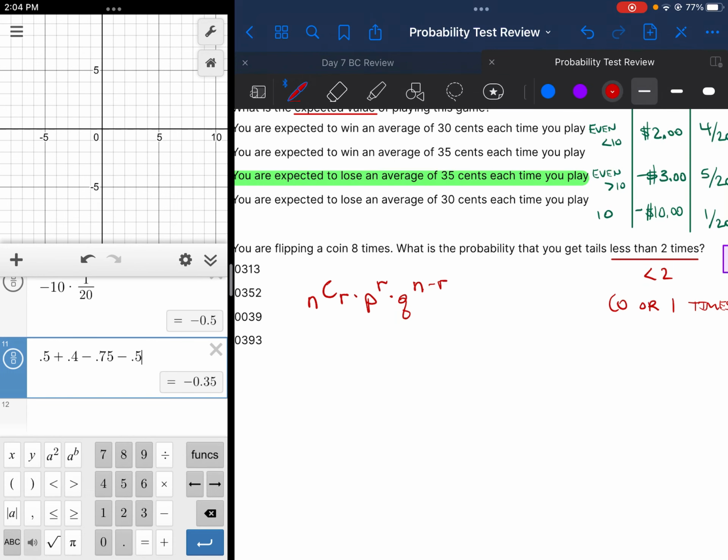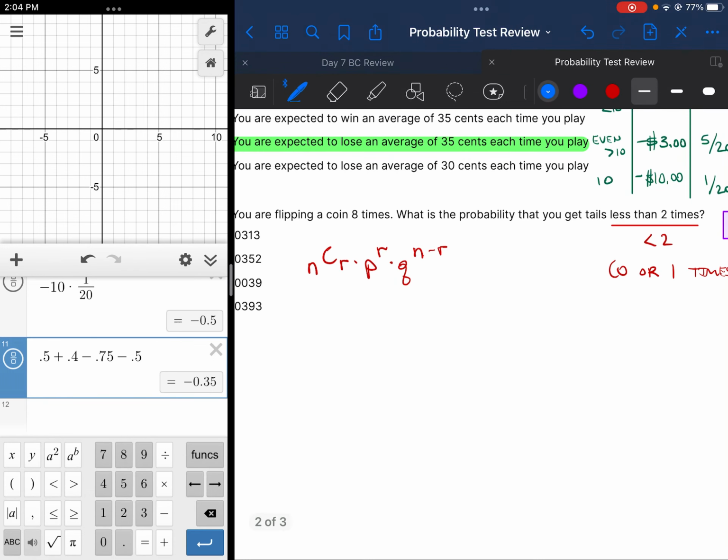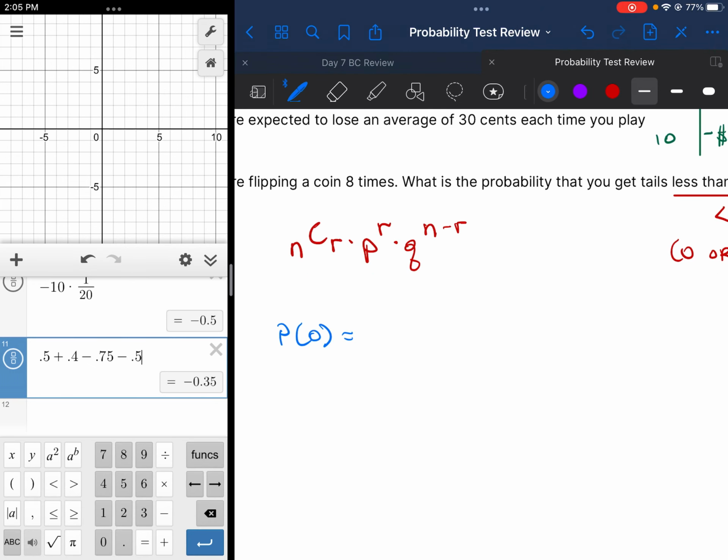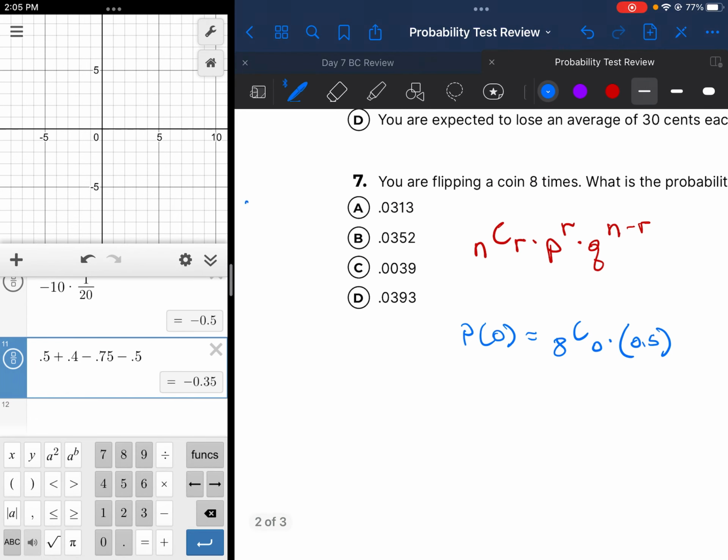So let's go ahead and calculate these. First we're going to look at the probability of getting tails 0 times. So it's going to be 8C0 times 0.5. P is 0.5. Let's go ahead and write these values over here. N equals 8. R, we're going to calculate for 0 and 1.